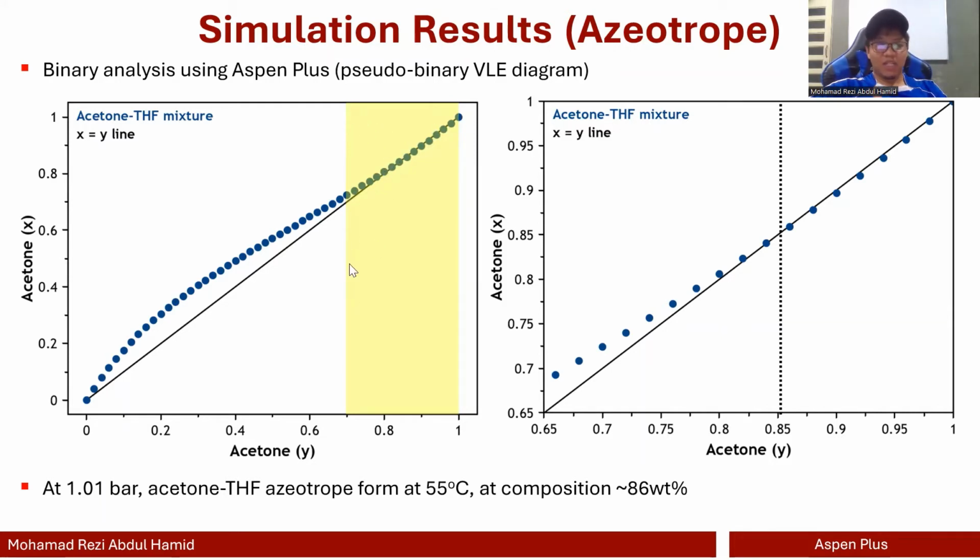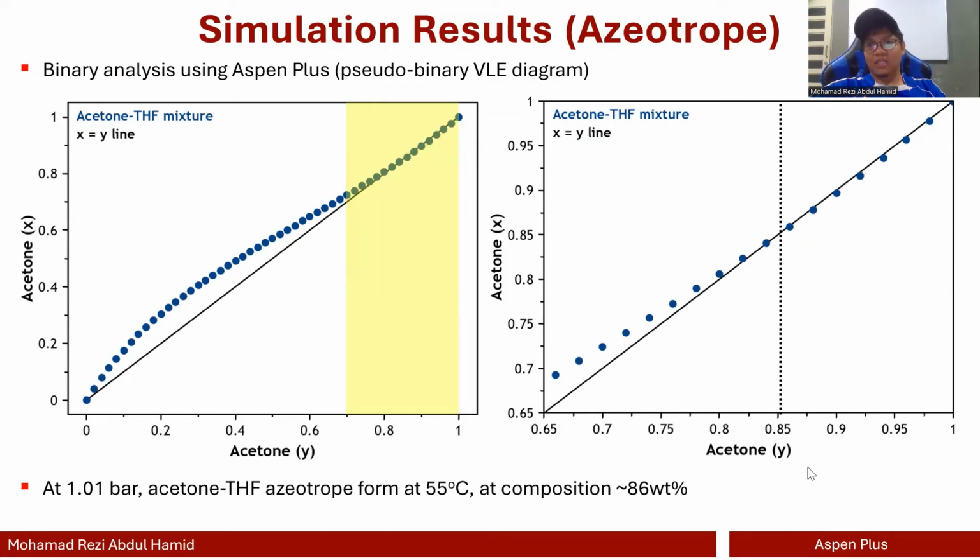So what I did was this yellow region here, highlighted. This region highlighted in yellow is seen on the second graph. This is the zoomed-in version of it, where you can see at this point around 0.86 roughly weight percent of acetone in liquid phase.